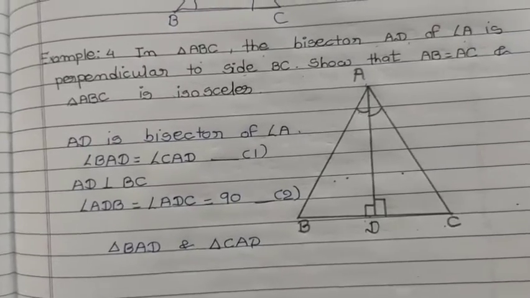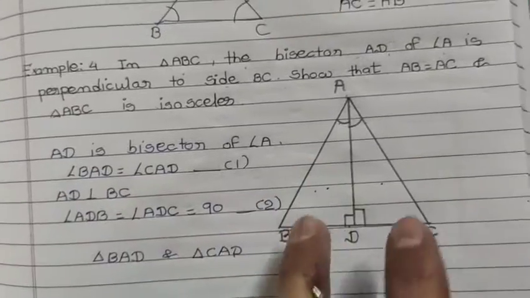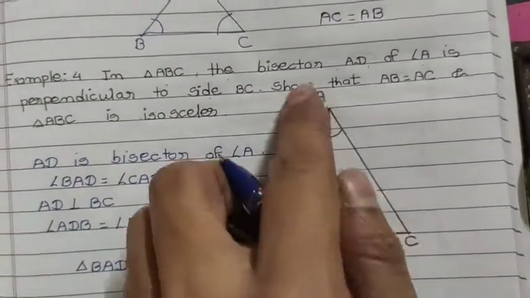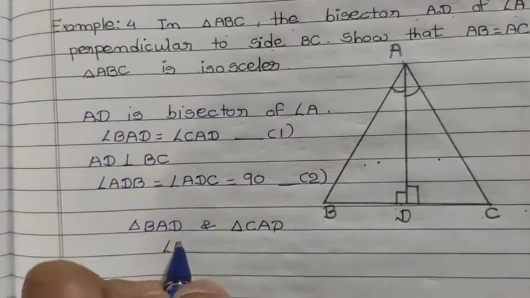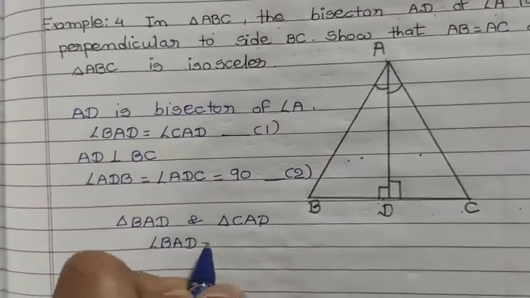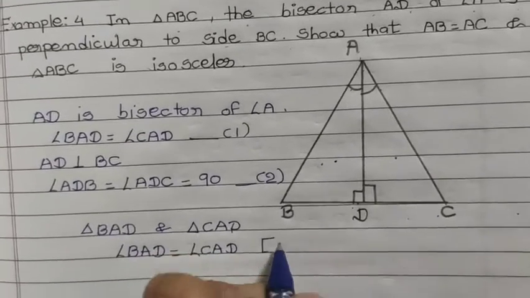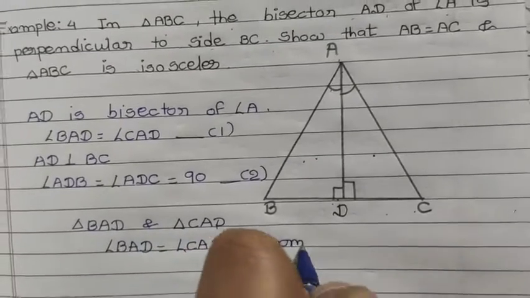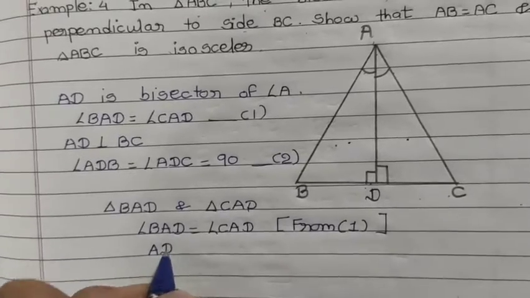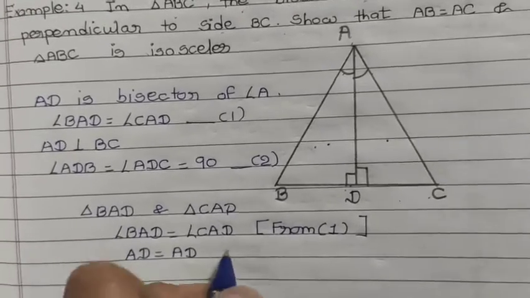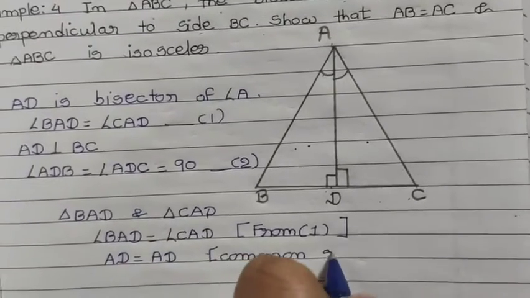If in any triangle two sides are the same, it is called an isosceles triangle. Now angle BAD is equal to angle CAD, that is from 1. Now AD is a common side, so AD is equal to AD.